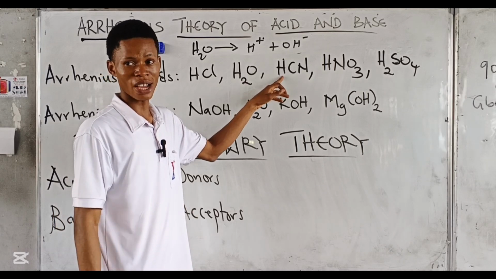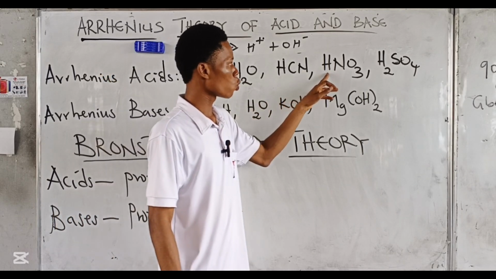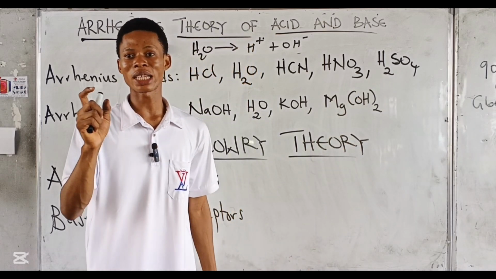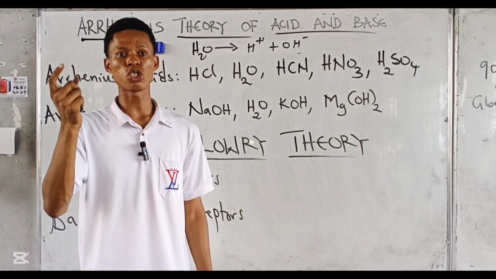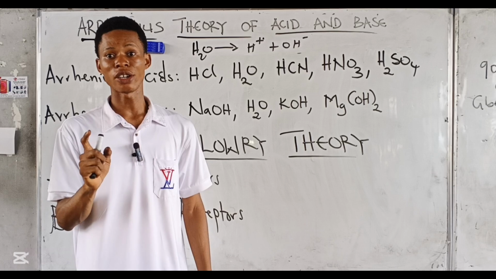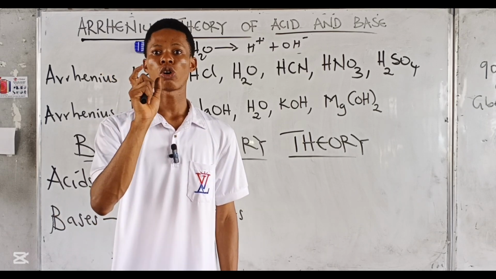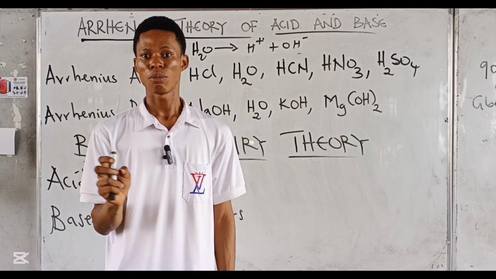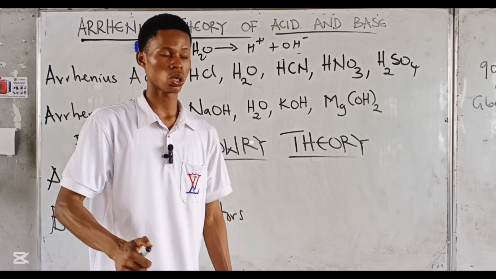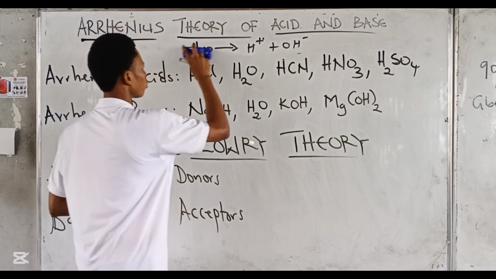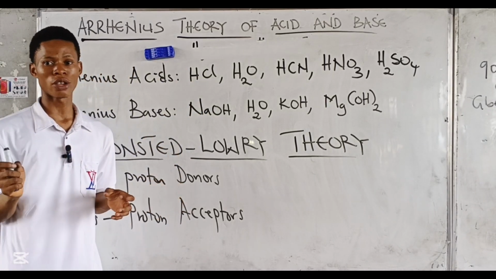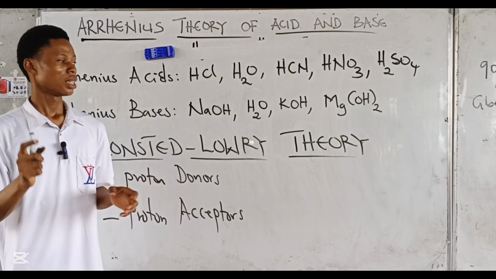If it dissolves, we still have hydrogen ion, right? So any substance that dissolves in water to produce hydrogen ion is what? Arrhenius acid. So one condition for Arrhenius acid is water must be present, right? Because you are dissolving the substance in water, is it not?